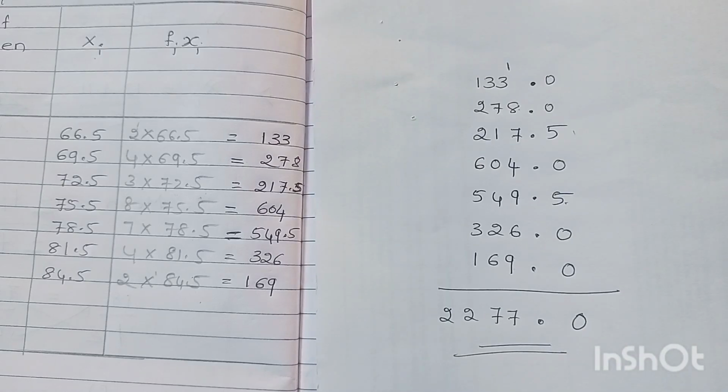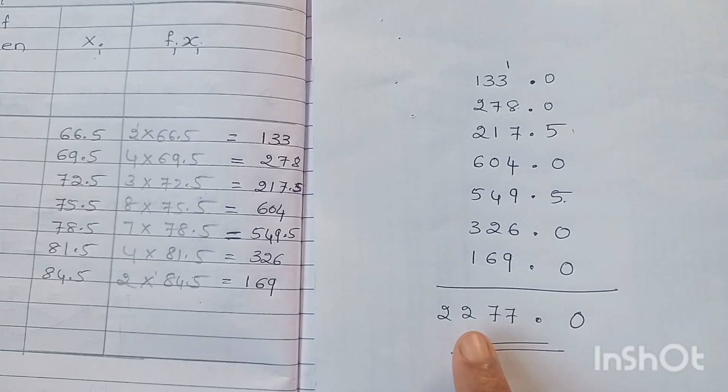Then after adding this Fi into Xi, what we will get? 2277.0. Since it is 0.0, don't consider the 0. Simply write 2277. Okay.